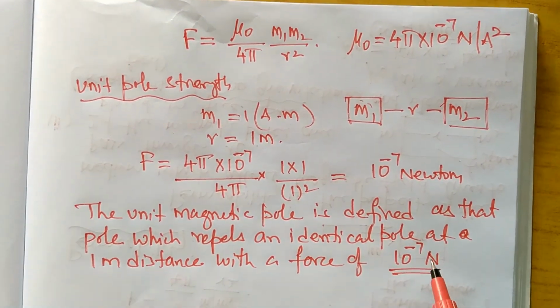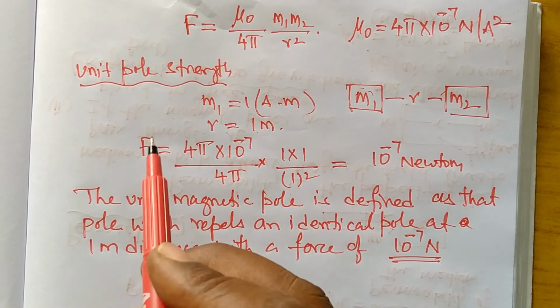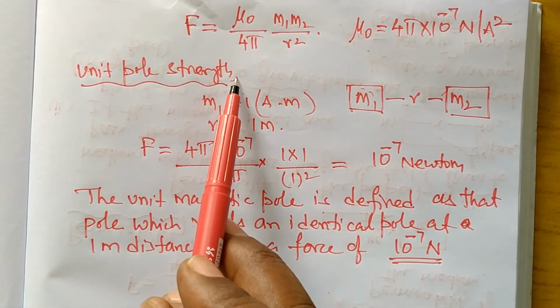We use the word repels because we have taken identical poles here. This is a very small value, 10 to the power of minus 7 newtons. In further explanations, we will be using this unit pole strength concept.